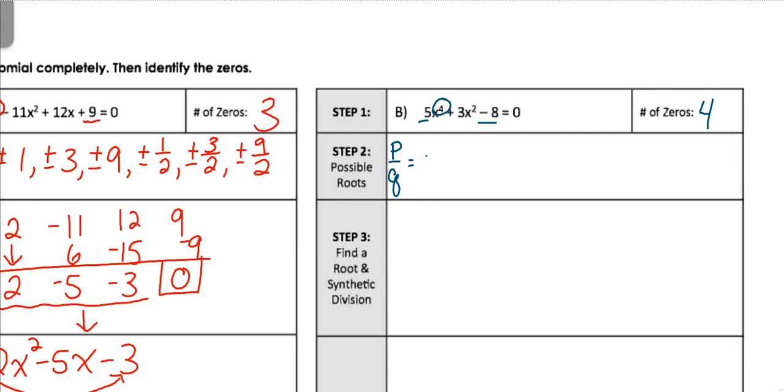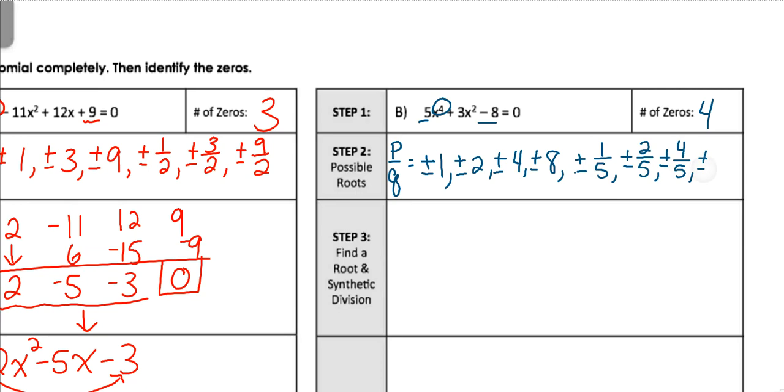So all the factors of 8 divided by 1 would be 1, 2, 4, and 8. And then all of those factors divided by 5, because that's the other factor of 5, would be 1/5, 2/5, 4/5, 8/5. So 8 possible rational roots there that are also plus and minus.